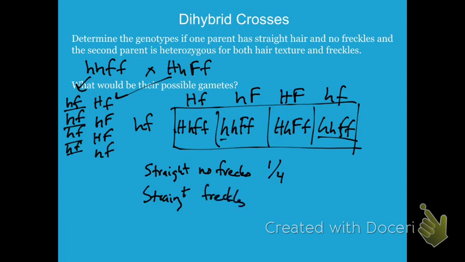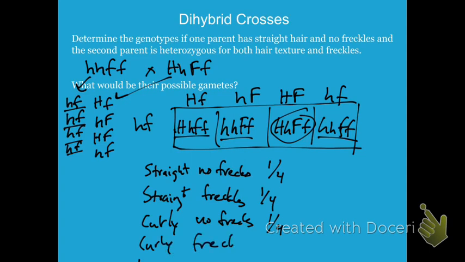So this will be 1/4, and then this would be curly, no freckles, so it'd be here, and this would be curly with freckles. Would be 1/4. So one of the tricks is if you have doubles of stuff, you can eliminate them because it's going to give you the same anyways. Okay.